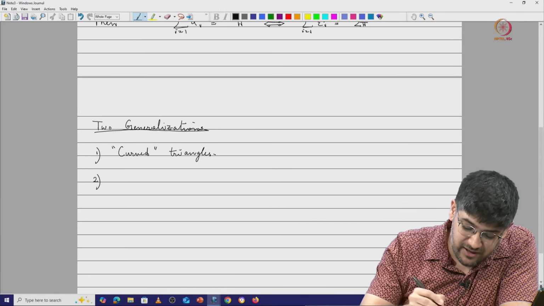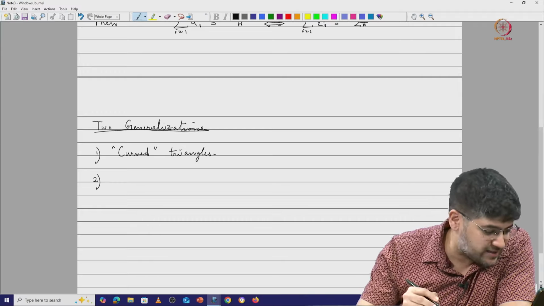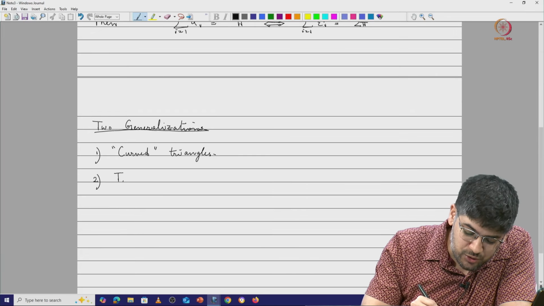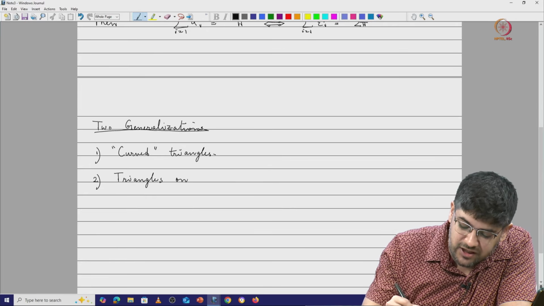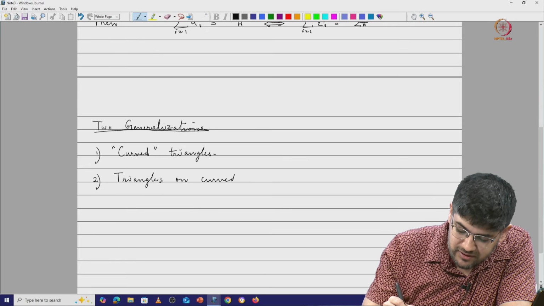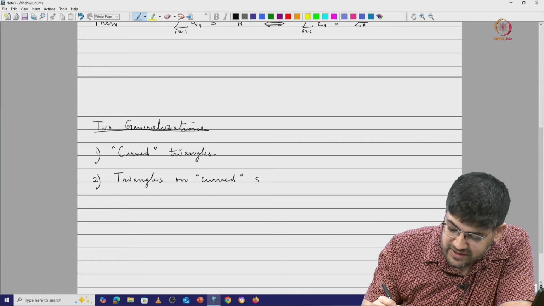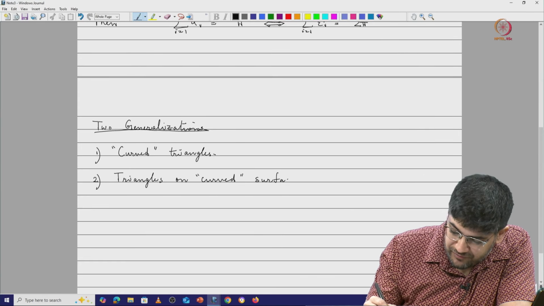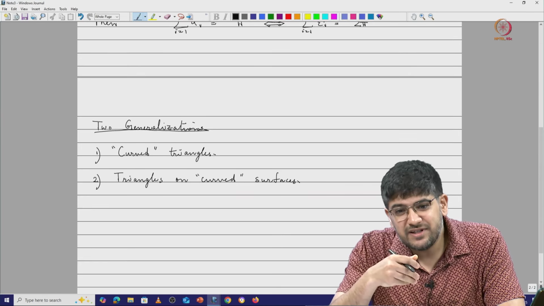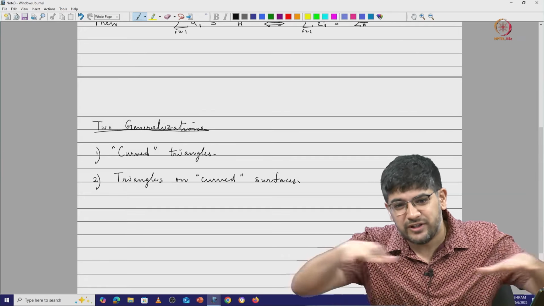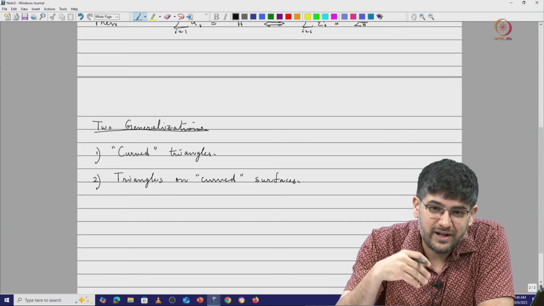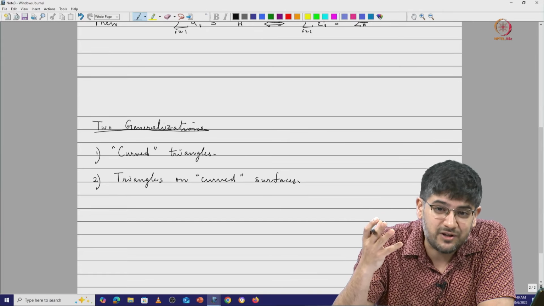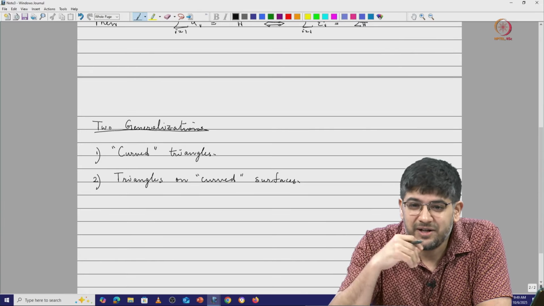And the second way in which I would like to generalize this is to try to understand this property for triangles on curved surfaces. So the key assumption in this theorem is that our triangle lies on the Euclidean plane, right. On the other hand, one can, for instance, think of triangles on spheres, right.